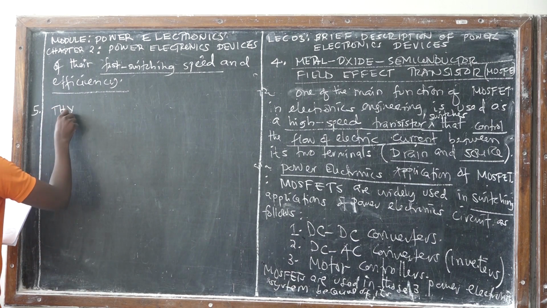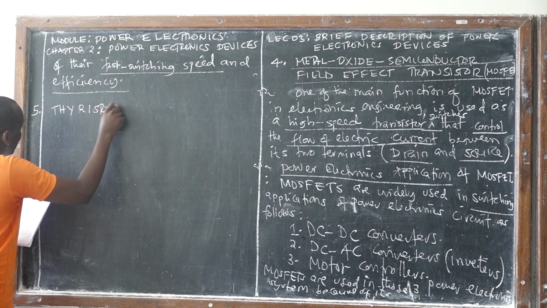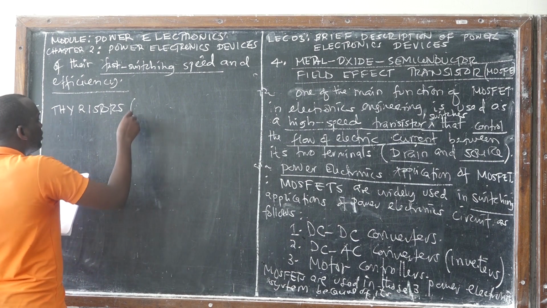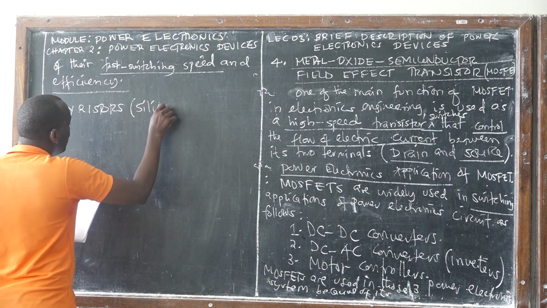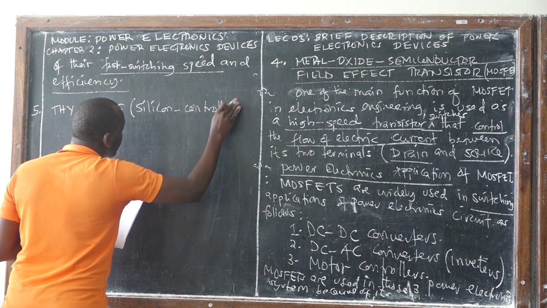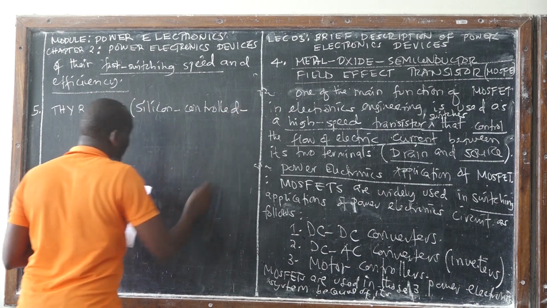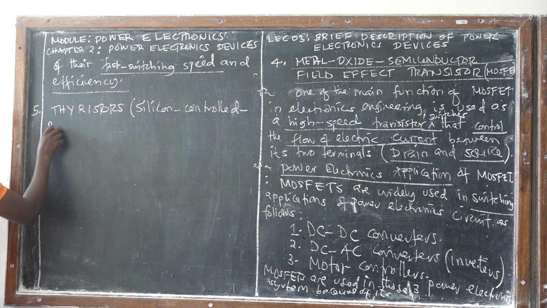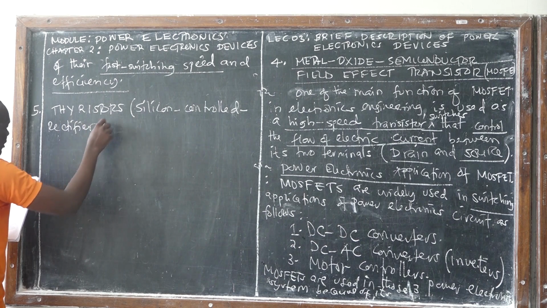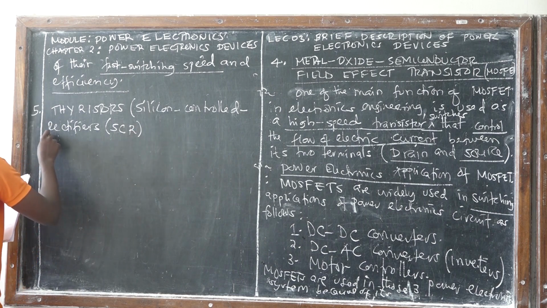Number 5. Let us discuss briefly the use of thyristors in power electronics, especially focusing on silicon controlled rectifiers, or SCRs.